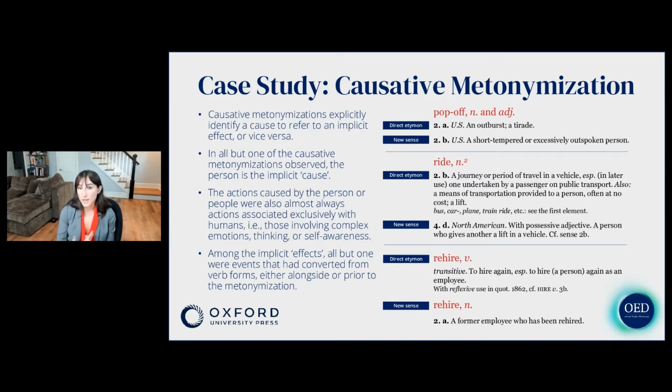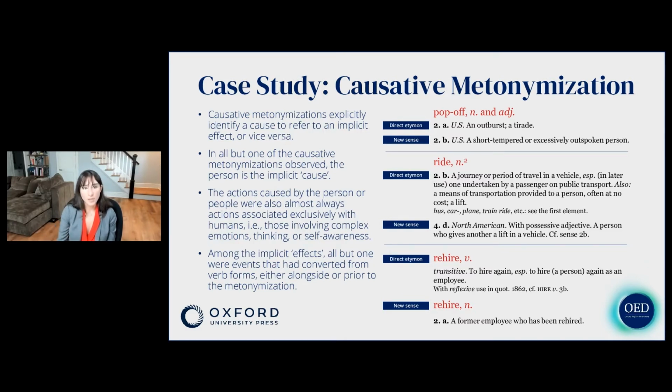Furthermore, the actions that the causer is precipitating were almost always actions associated exclusively with humans, those involving complex emotions, thinking, or self-awareness. In this case, you see the notion of being short-tempered, excessively outspoken, the ability to drive, and rehiring.